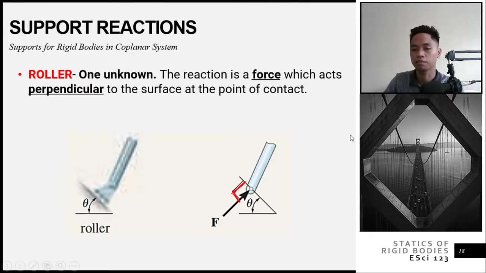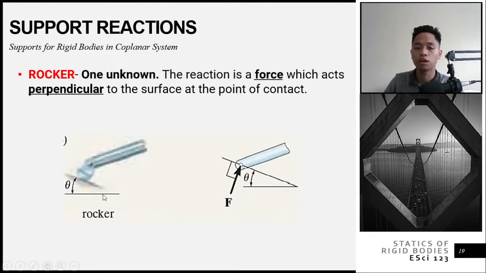The same goes for your rocker. The explanation is almost the same: one unknown which acts perpendicular to the surface at the point of contact.